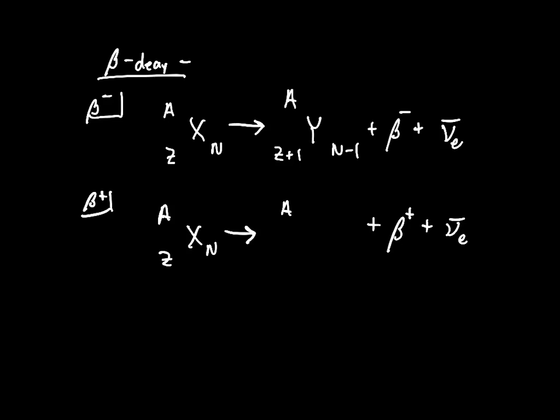What's a positive electron? Positron. So we're getting out a positron. If I'm getting out a positron, how is that going to change these numbers, these letters? It's going to be opposite. So what's Z going to be? Z minus 1. What's N going to be? N plus 1. So that is positron.